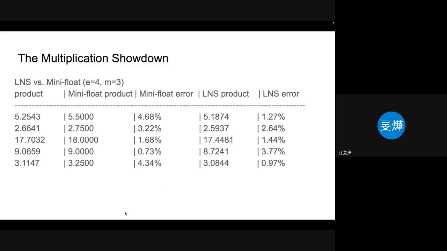The results are that while LNS introduced a small quantization error during the initial encoding, because we are forcing the logarithm into a fixed point grid, this error does not explode during multiplication, because LNS multiplication is just integer addition. It's exact at the hardware level. Right.